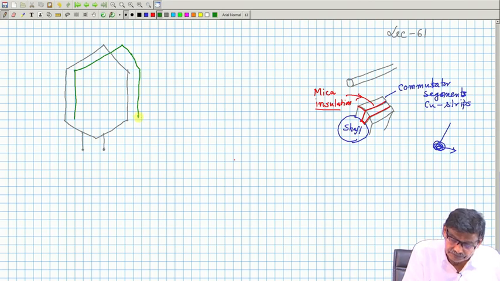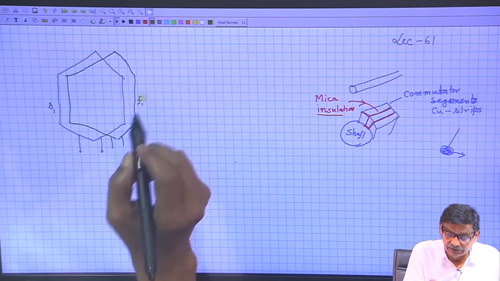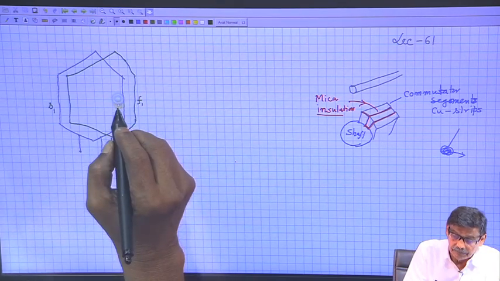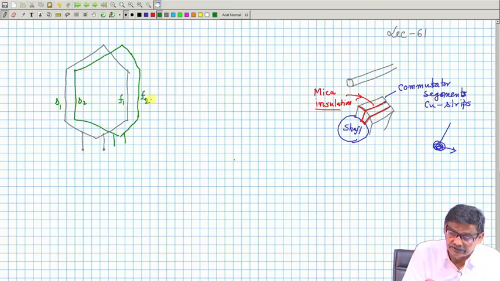So, this is the first coil and this is the second coil. This is S1 and its return F1. In terms of slots, this is F1, and this is the start of the second coil and the finish of the second coil.